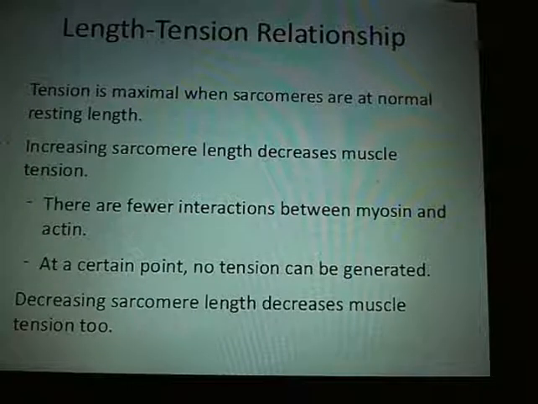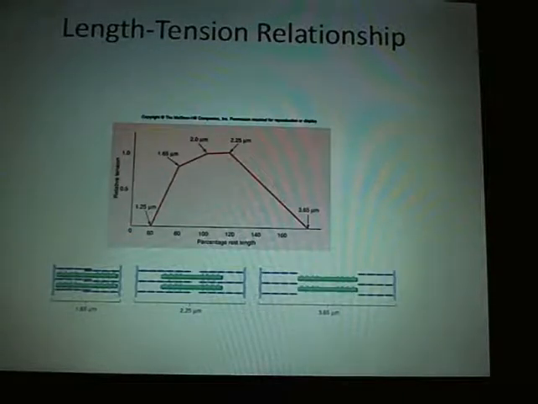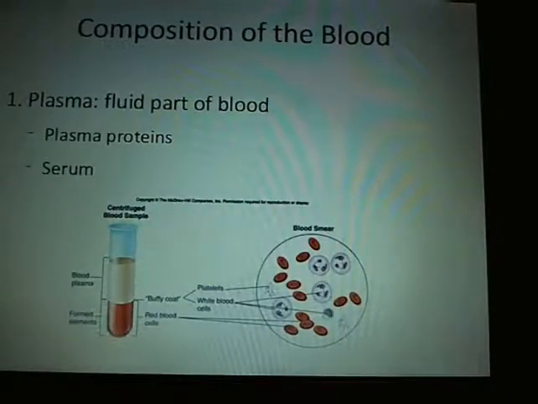Decreasing the muscle length decreases the tension and allows the muscle to go back to a normal or maximum strength. And there's a shot of the muscle tension relationship.